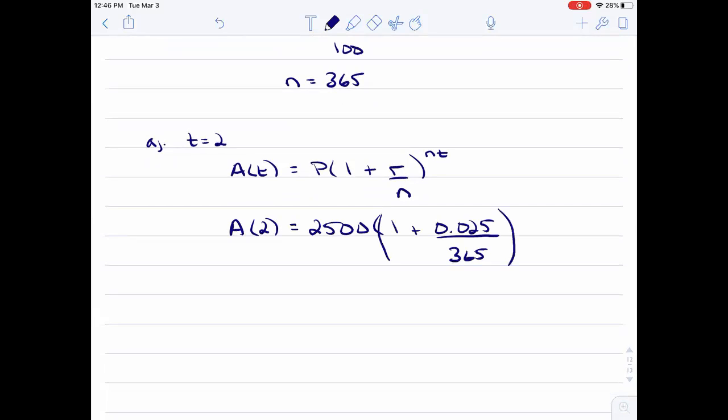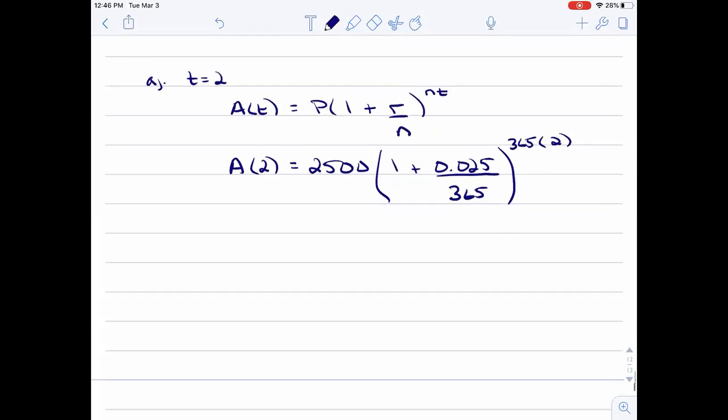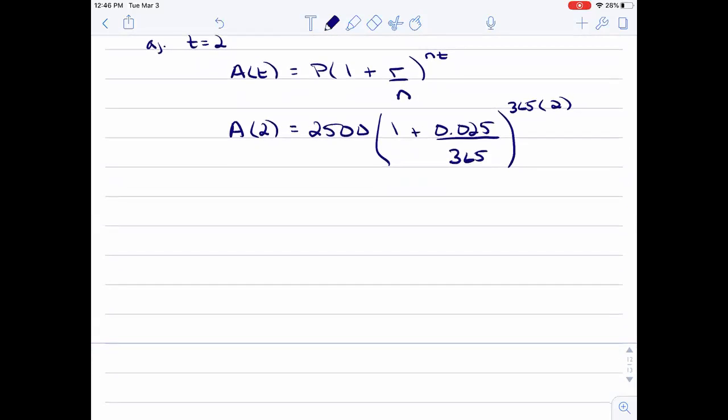So it's going to give us a really small number, to the power of 365 times 2 years. BEDMAS says that we have to work inside the brackets, and inside the brackets, again, we have to follow BEDMAS. So we have to do 0.025 divided by 365, and then I can add that to 1.